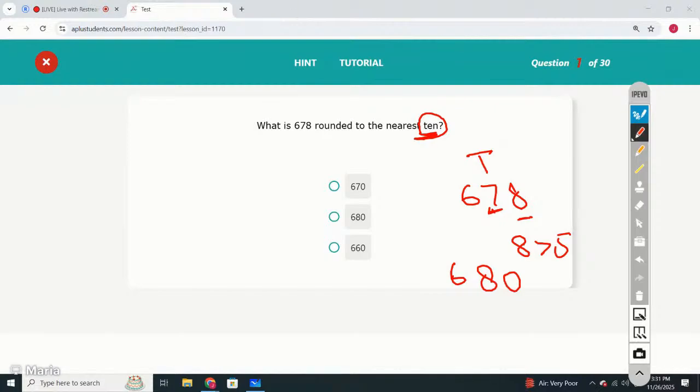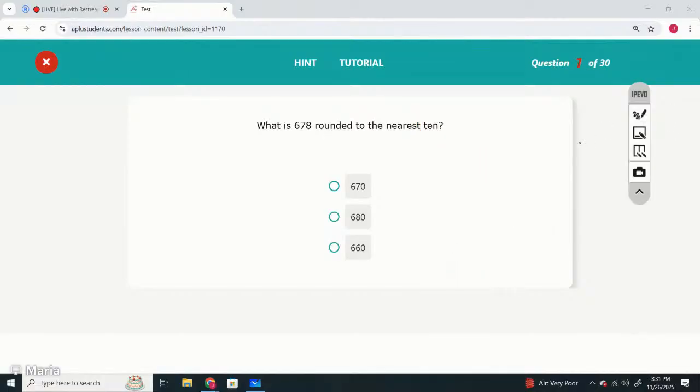Very good, that is 680. Option number 2 is the correct option, that is 680.